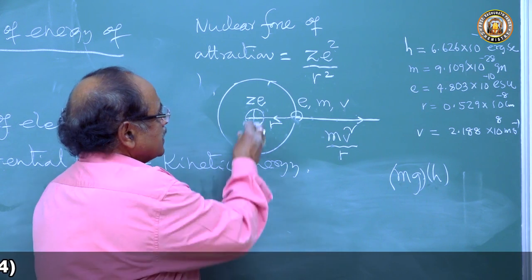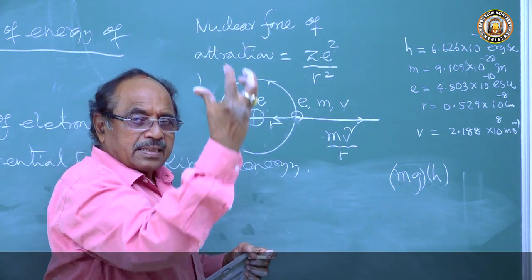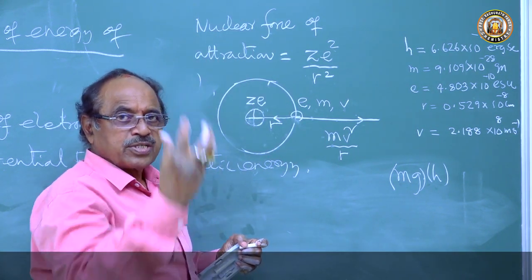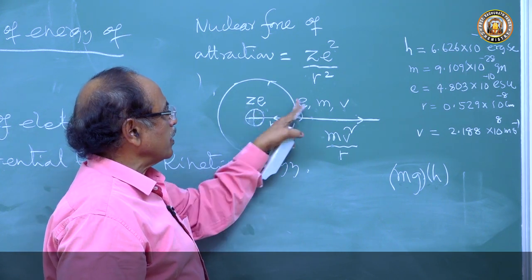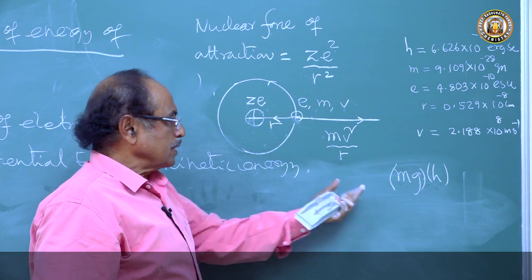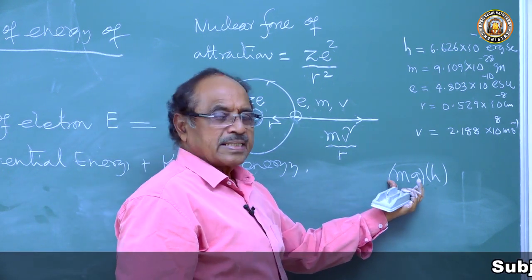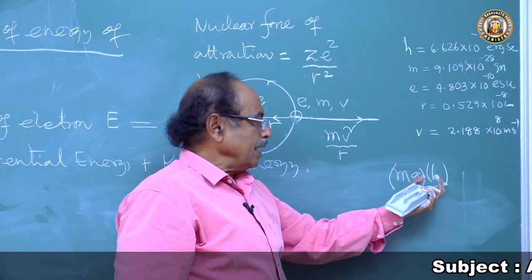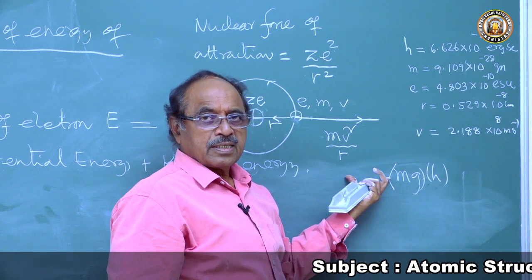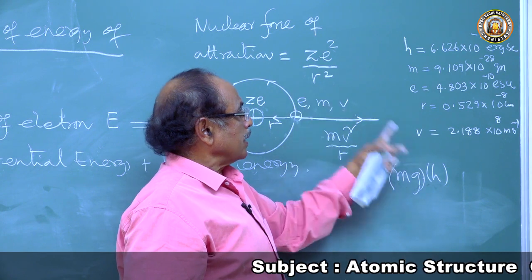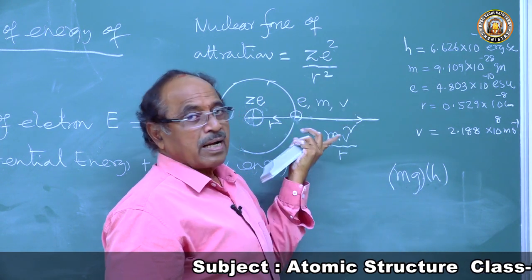Because there the earth is attracting with acceleration due to gravity, that force we take as mg. Here the force of attraction is Ze square by r square. So this mg is equivalent to Ze square by r square, and h is equal to r. So the potential energy will be Ze square by r square into r, that is Ze square by r.